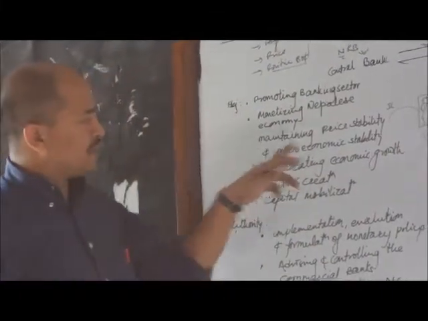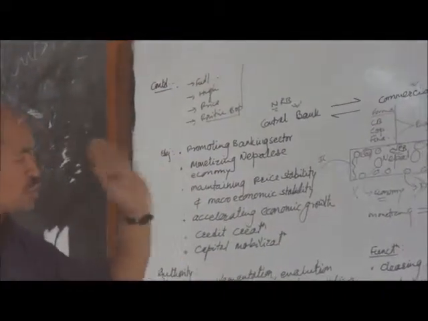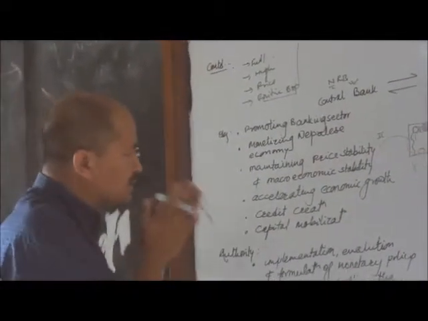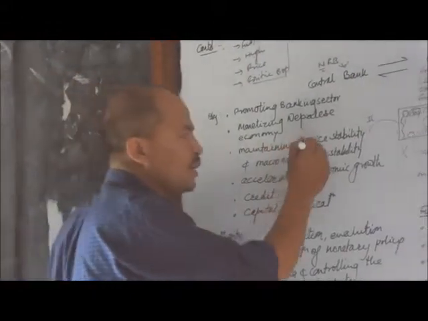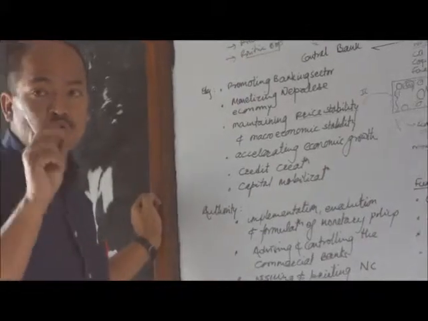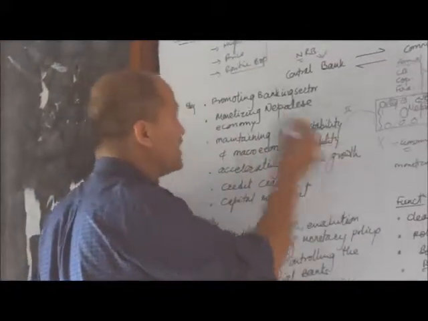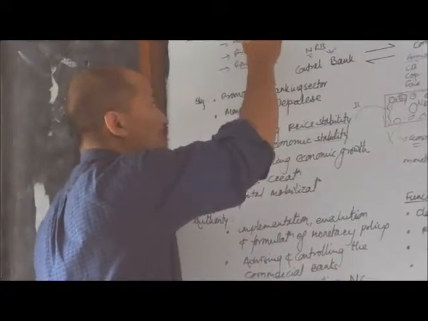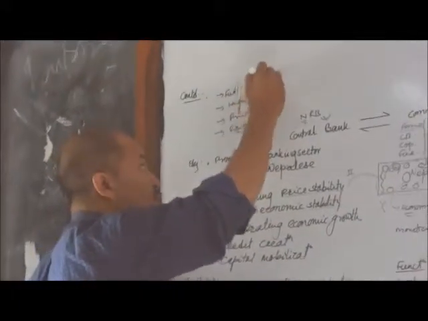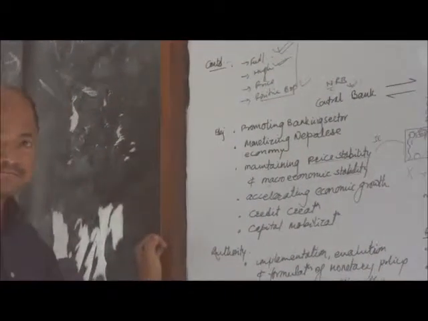And another part is, we have four major objectives, but through the monetary policy, the central bank's major concern is to control inflation by controlling the money supply. And another part is macroeconomic stability. We want to maintain a higher economic growth rate, the full employment situation and positive BOP.